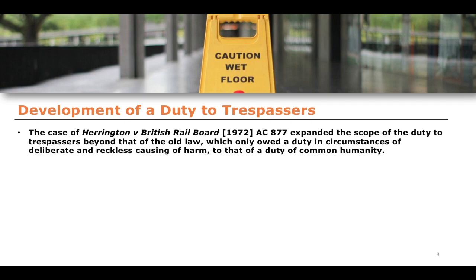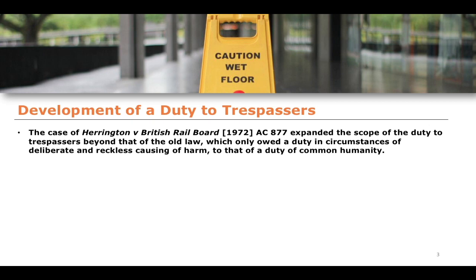In terms of the development in the common law, we see the case from 1972 of Harrington versus the British Rail Board expand the scope of a duty to trespassers beyond that of the old law, which was only owed in circumstances of the deliberate and/or reckless causing of harm. So this was actually not really a duty to trespassers per se specifically, but just a common duty to humanity.